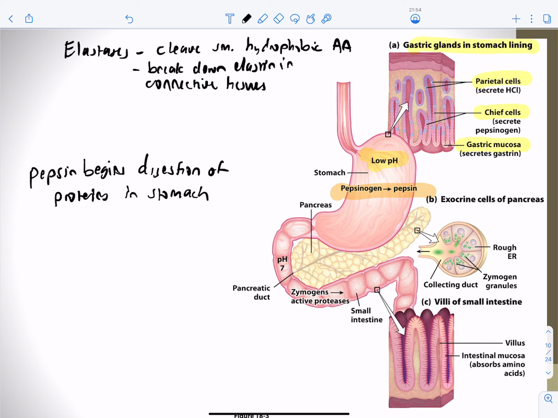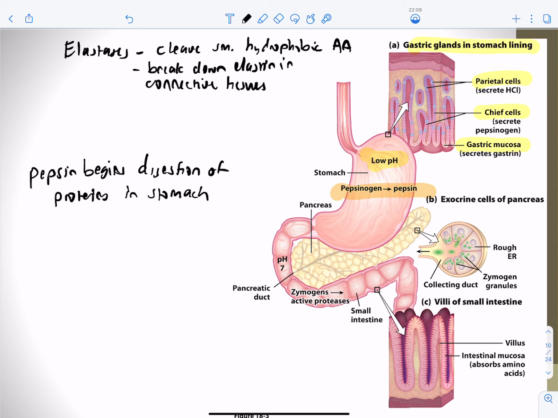And your pancreas is going to release zymogen granules into the collecting duct of the pancreas, which is going to feed into the small intestine.